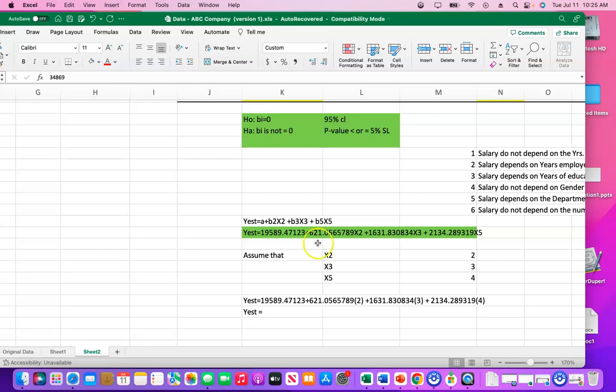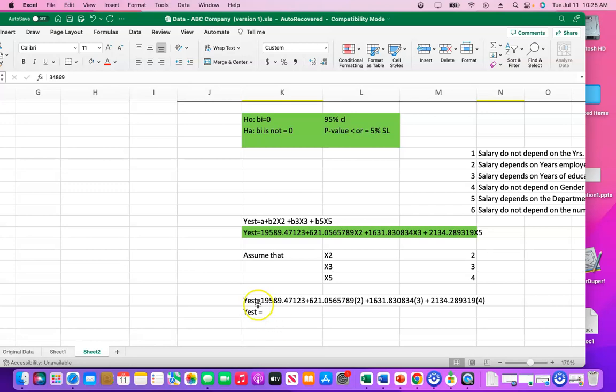Now remember, this is just an estimation, and it may overestimate the value or it may underestimate a particular value. And that's why we need to find the residuals, to see by how much our estimation deviates from the observed value.